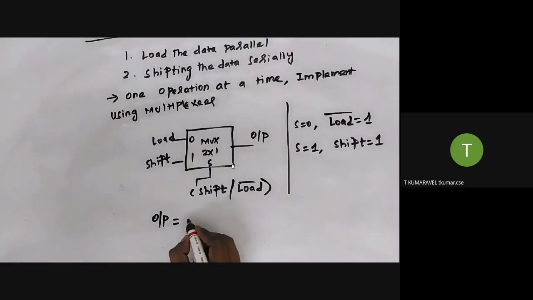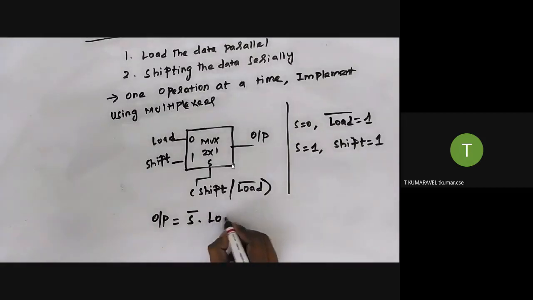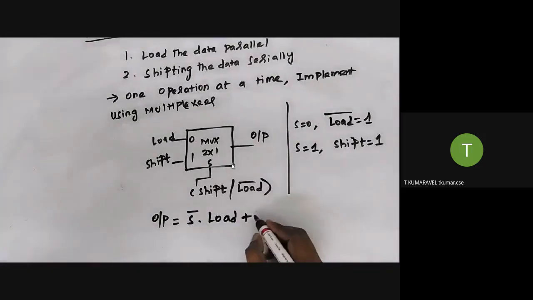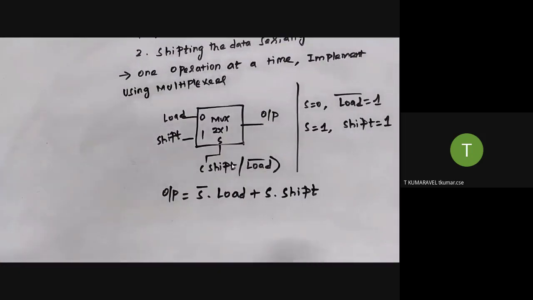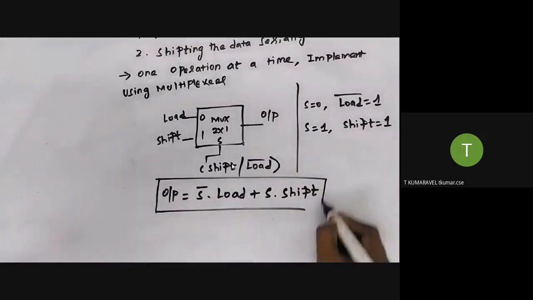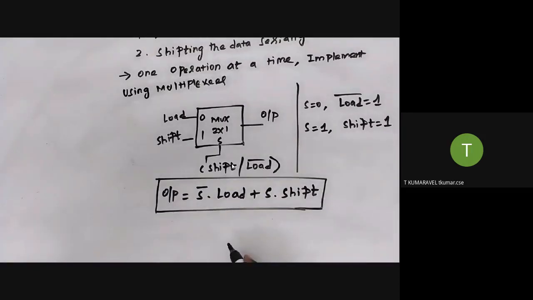Suppose my input is 0, that can be represented as S complement. Suppose I'm providing input as 0, it will load the data from the user. It accepts the data from the user. Suppose I'm providing input as 1, it performs the shift operation. This is the Boolean expression for the multiplexer.